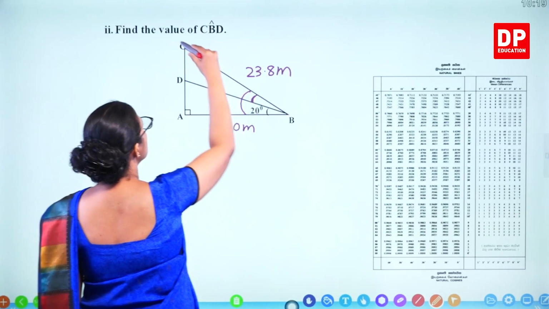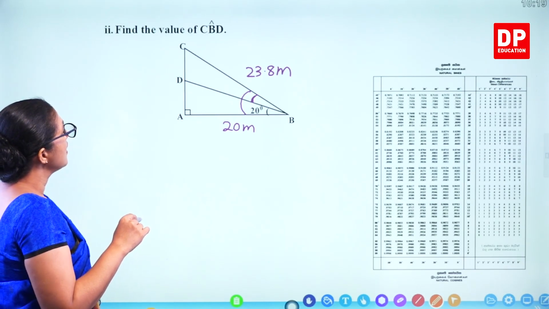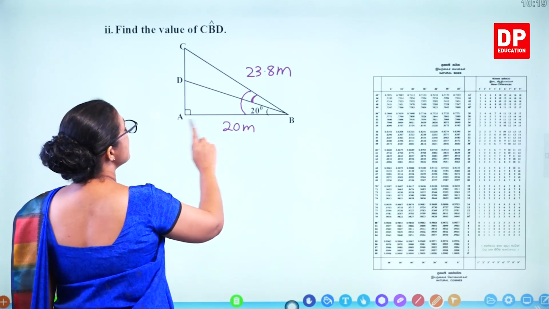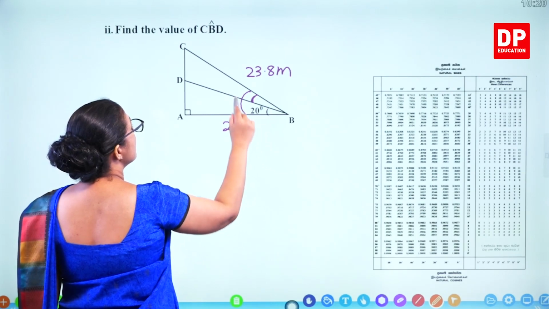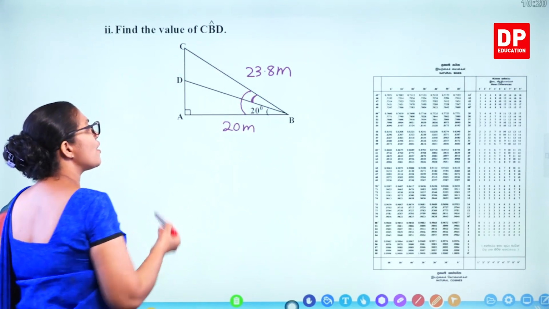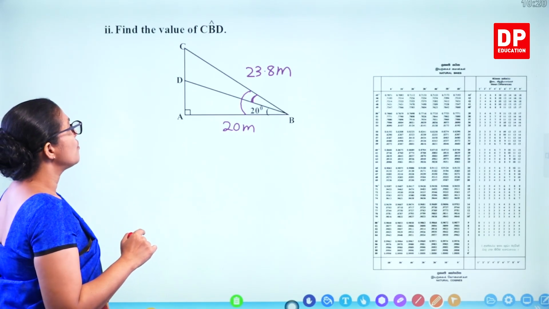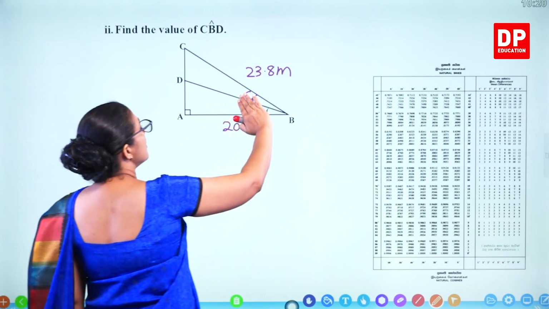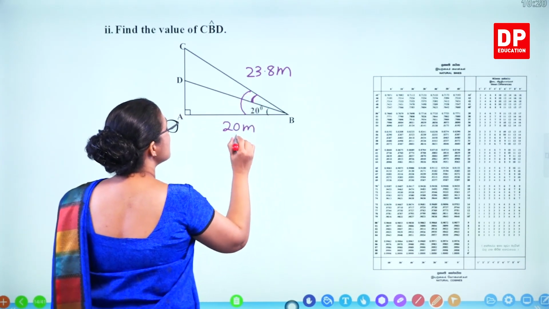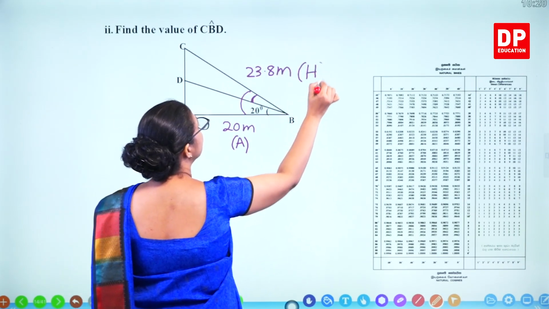You can use first AC and this length. No, without AC, with this length and this length, you can find out the angle first. CBA angle. This distance is adjacent to that angle, and this is the hypotenuse.